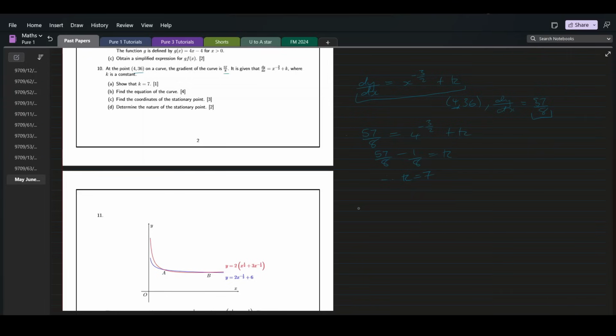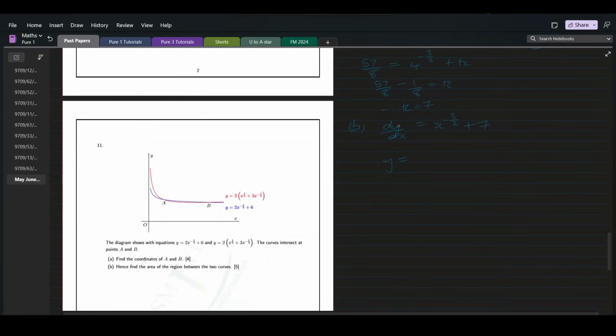Now part B says find the equation of the curve. Okay? So we now know that dy/dx is equal to x to the negative 3 over 2 plus 7. We can integrate, so that will become y is equal to, and then here we've got x to the negative 3 over 2.